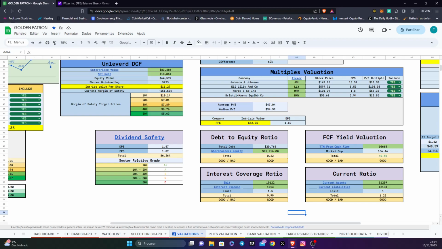A higher ratio indicates the company's capacity to comfortably cover interest payments, suggesting a lower financial risk. Conversely, a lower ratio may signal potential challenges in meeting the interest obligations, implying a higher financial risk. So what we need to do for the last one, just get the EBIT and the interest expenses.